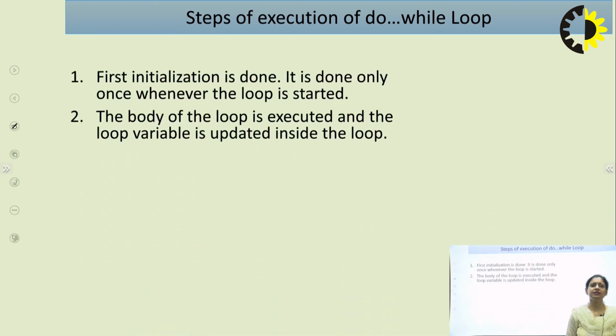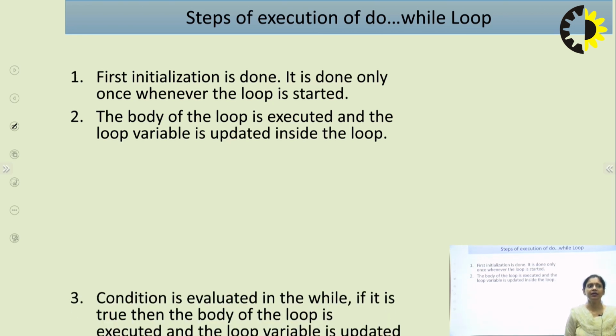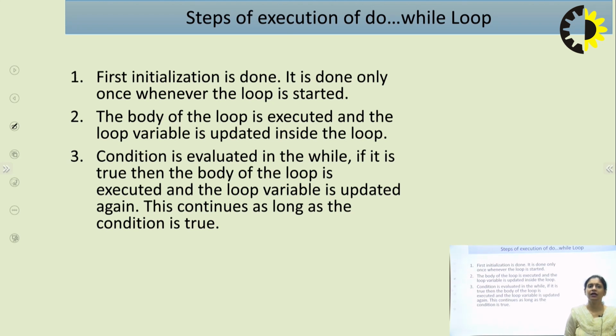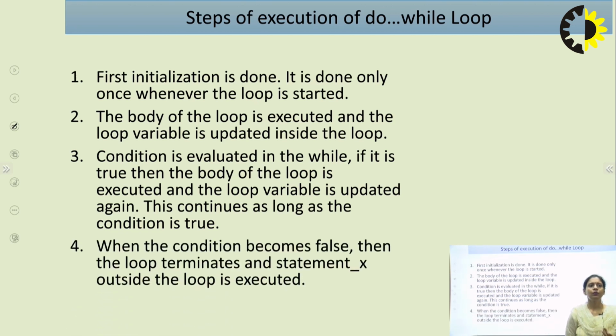First, the initialization is done, the body of the loop is executed, the loop variable is updated, and then the condition is evaluated. Once the condition is true, again it enters into the loop, executes it, updates the variable, and this continues as long as the condition is true. Once the condition is false, the loop terminates and the statements outside the loop are executed.